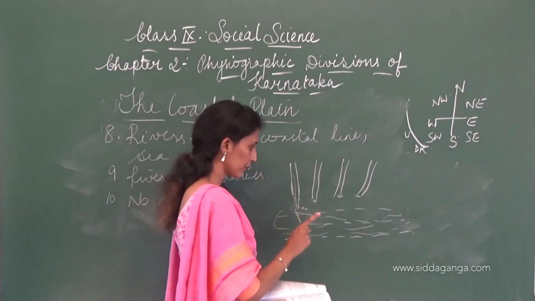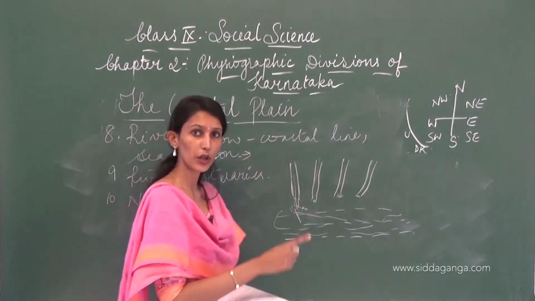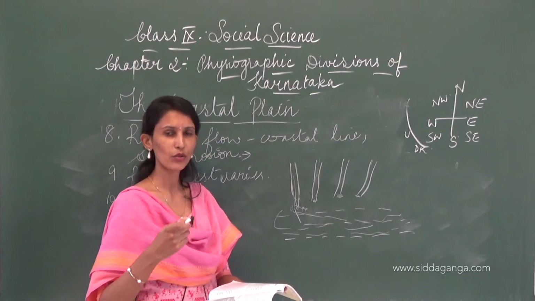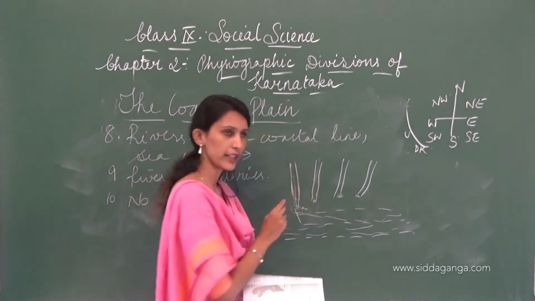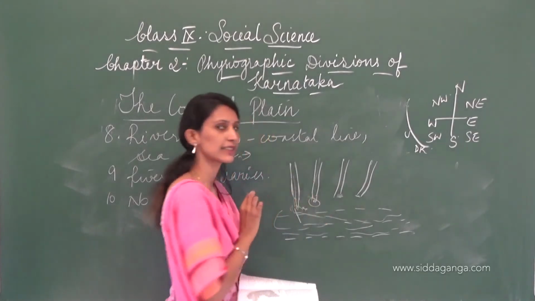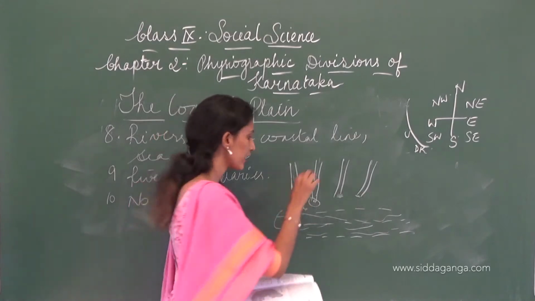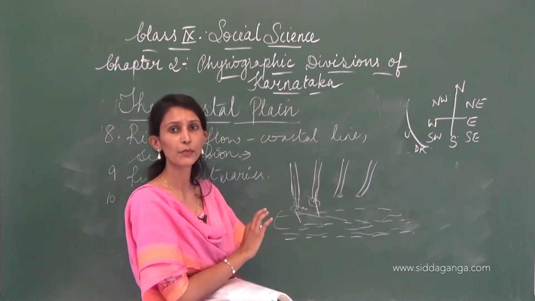Are you getting delta? Let me explain it to you again. See, imagine this water flow going on and on, with a lot of sediments, lot of particles like stones and other things carried by this water body, and the mouth of the river gets stuck with that. The next water body cannot push it down, and that forms a delta.